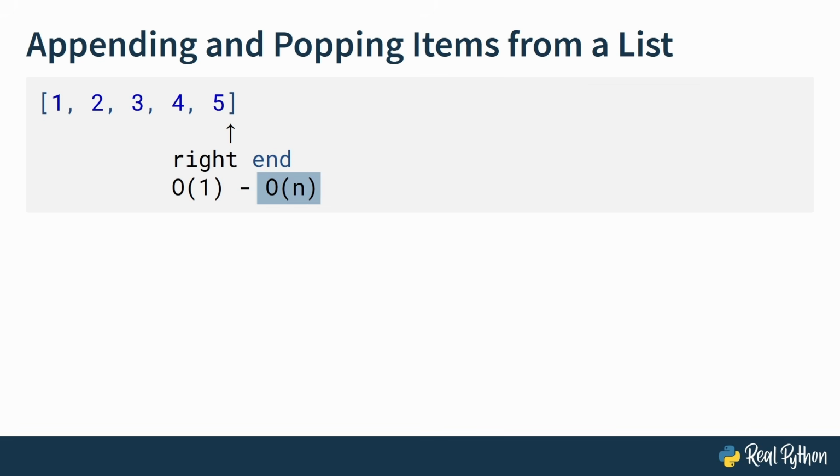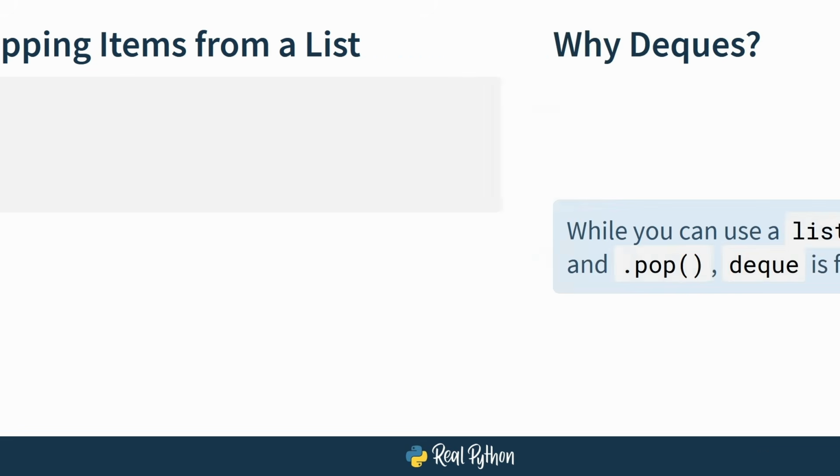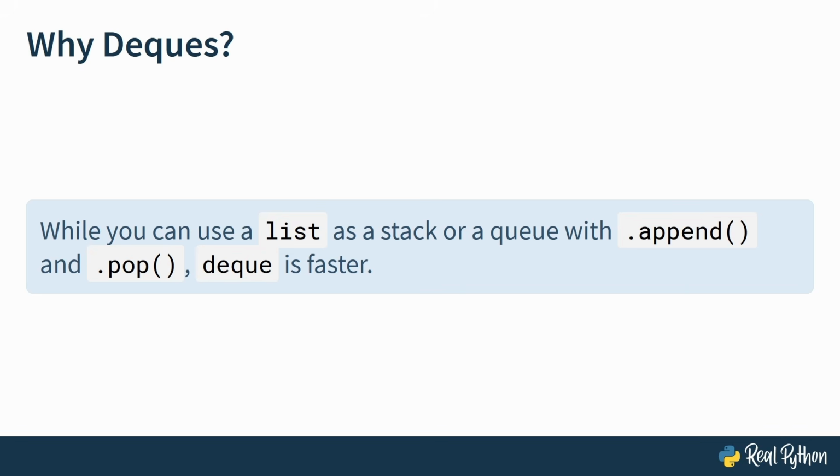In that case, it becomes O(n), also known as linear time. Appending and popping items from the left end of a Python list are always inefficient and have O(n) time complexity. So while you can use a list as a stack or a queue with the append and pop methods, deques are faster, and that's why it's a good idea to learn more about them.